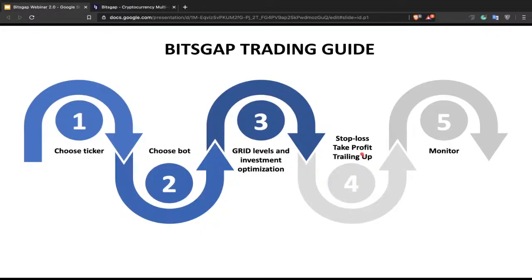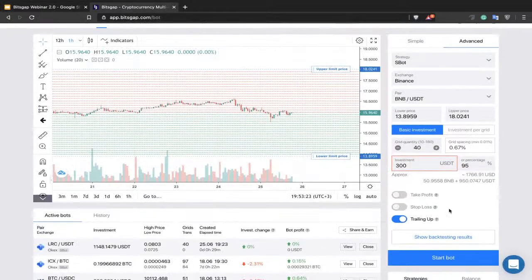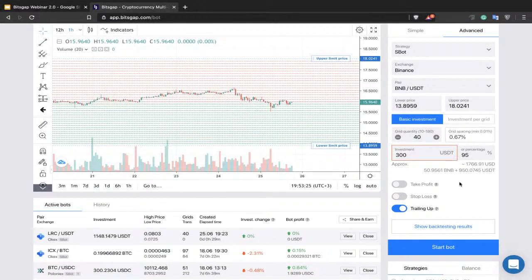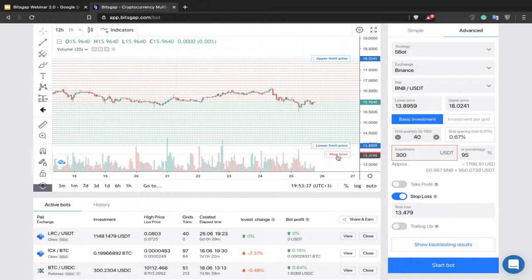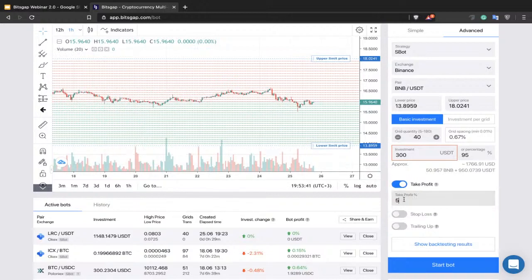And the fourth step is to set all of the risk management and profit maximization features that we have. So in this case, trading up, if you want to follow the price appreciation, the stop loss to limit your downside risk, and the take profit to exit the market as soon as the bot reaches your required investment change.